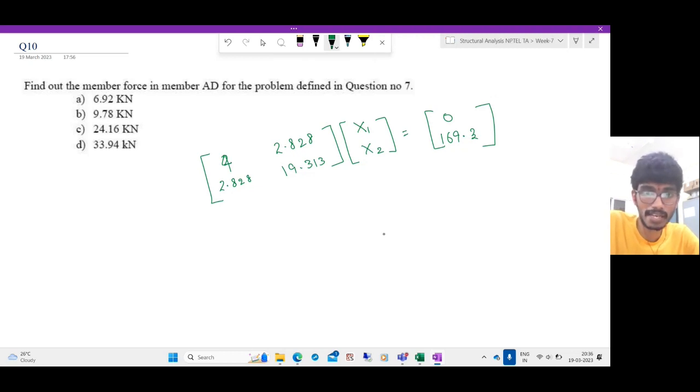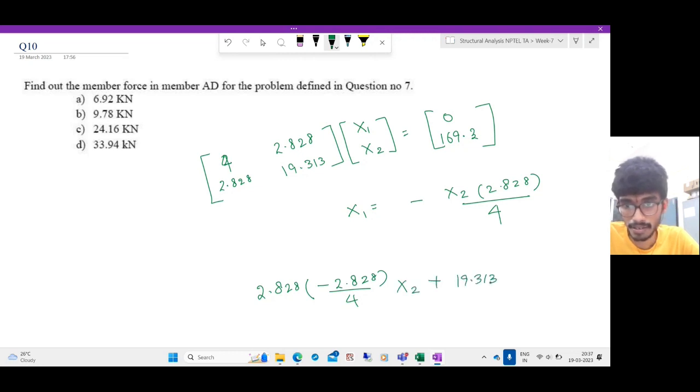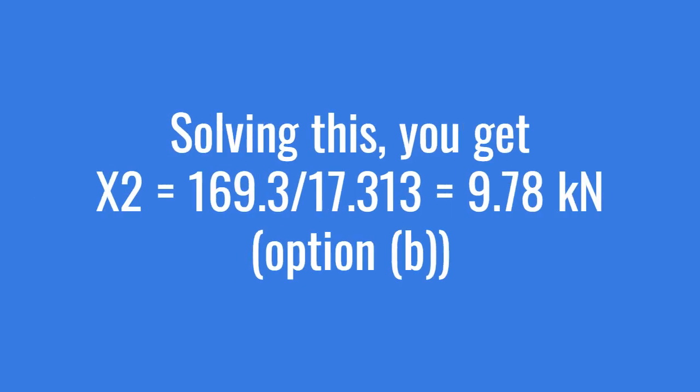So let us solve this system. From the first condition, we get x1 is equal to minus x2 into 2.828 by 4. Substitute this in the second equation, we get 2.828 into minus 2.828 by 4 x2 plus 19.313 x2 is equal to 169.